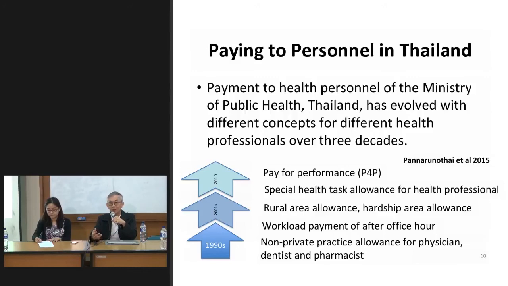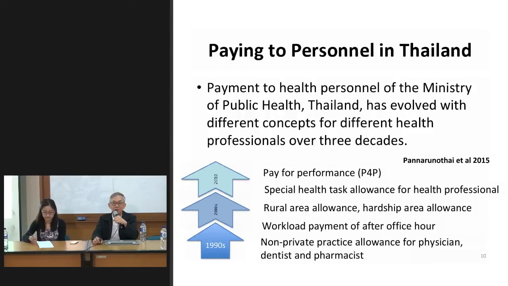So we have that kind of payment to the hospital or the provider level. But this is the payment to the personnel, the health workforce, within Thailand. And there is a part where we introduced P4P, as in the slide. P4P we introduced in the year 2010.